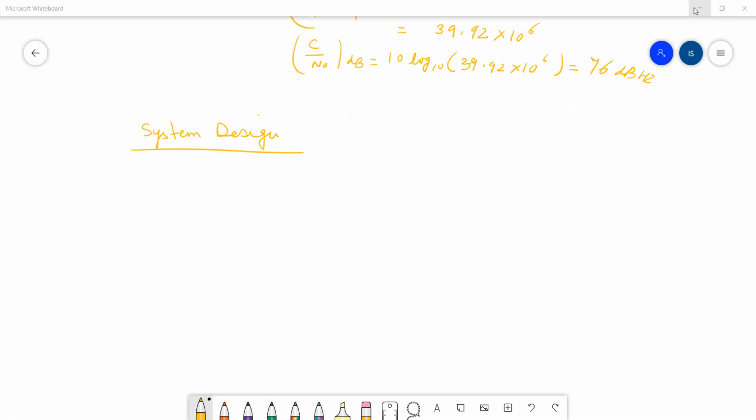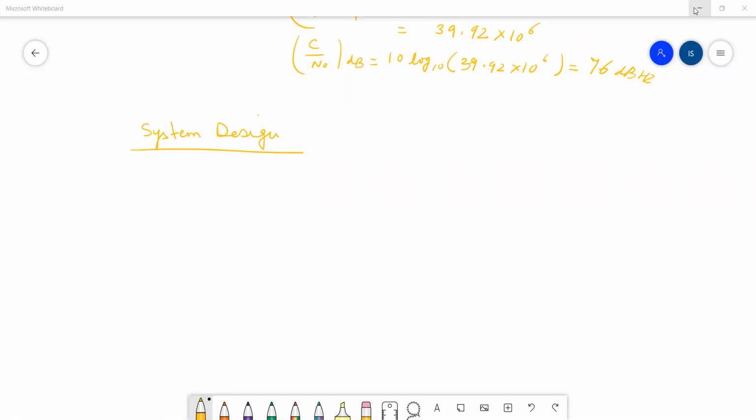So the carrier to noise ratio appearing at the satellite antenna depends on what parameters? It depends on the transmitted EIRP, receiver gain to noise temperature ratio, and all other losses.